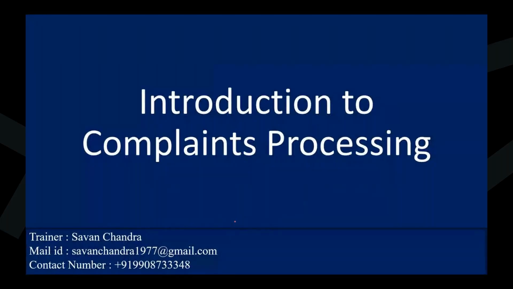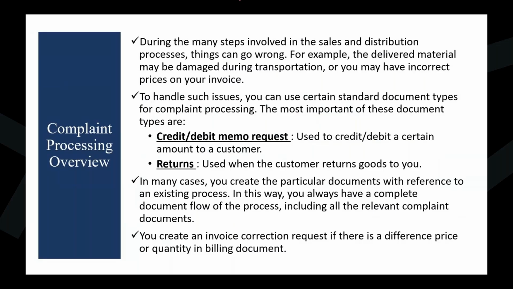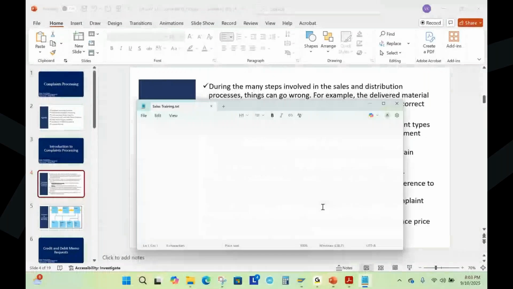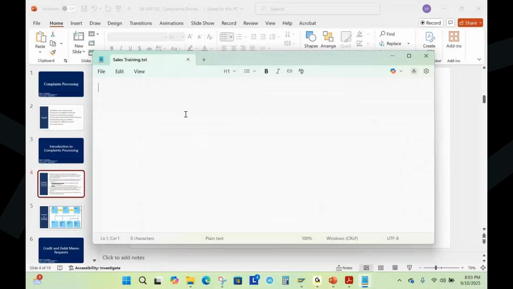Okay. So first we will understand what complaints processing is. During the many steps involved in the sales and distribution processes, things can go wrong. Normally, if you recollect what our flow is, you create a sales order, and after that we create an outbound delivery.